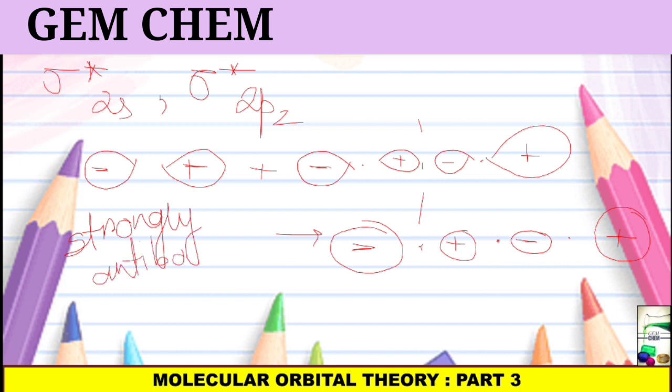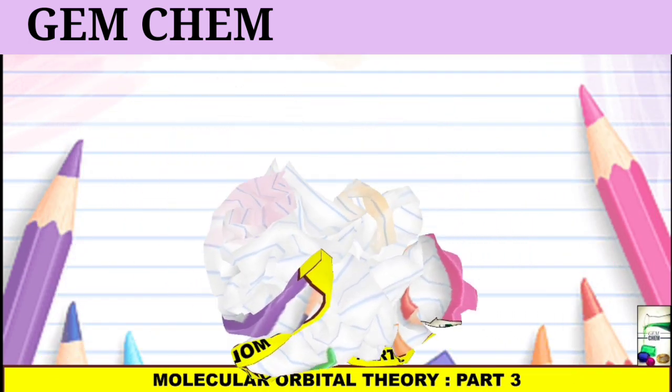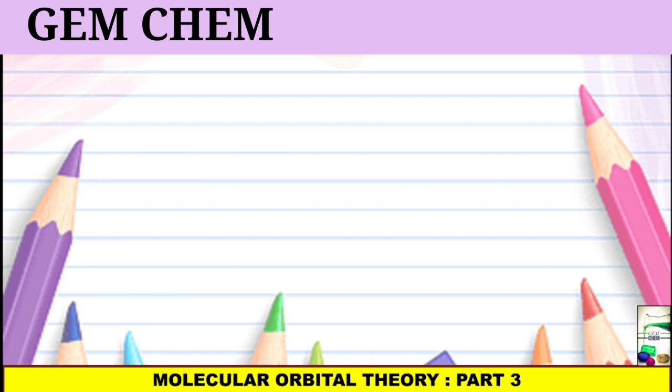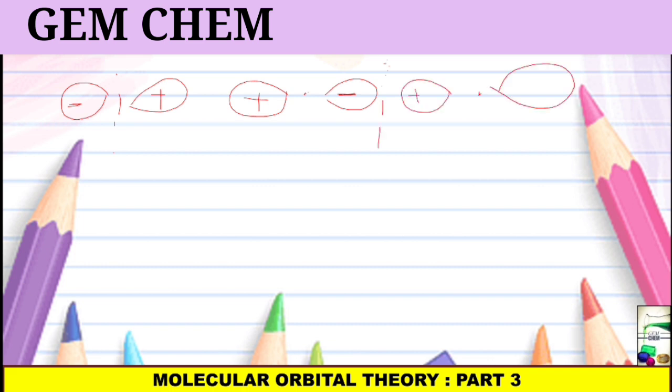strongly antibonding. Now if we try the weakly antibonding molecular orbital, how does it look? Same thing, but we will consider out of phase. This will combine like this, positive, and here we will have positive, negative, and this will be positive, and this one will be more negative.